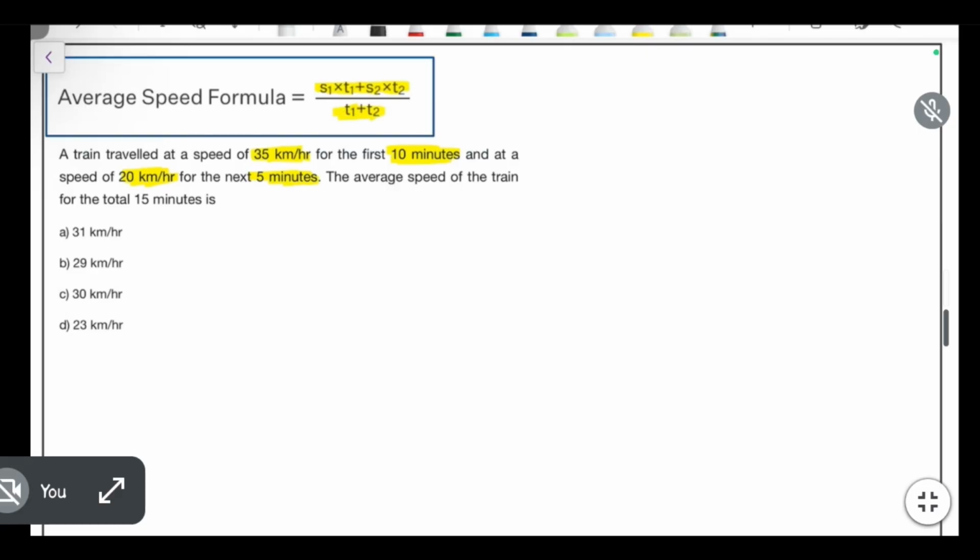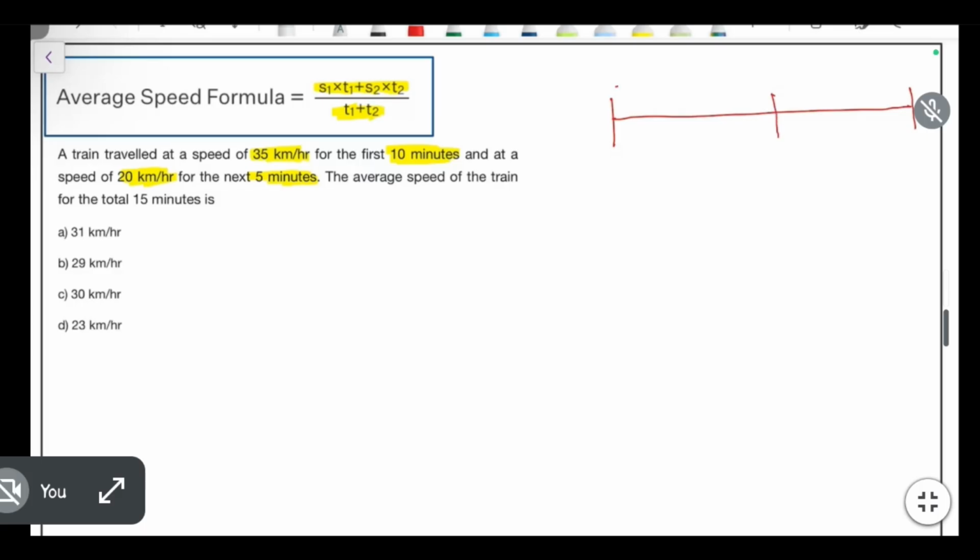Let me simplify this question a little bit in order to understand better. So let's say there's a distance here. What does the question say? A train travels at a speed of 35 kilometer per hour for 10 minutes. Let me make a middle point here. From here till here, the train is traveling at 35 kilometer per hour, in 10 minutes.